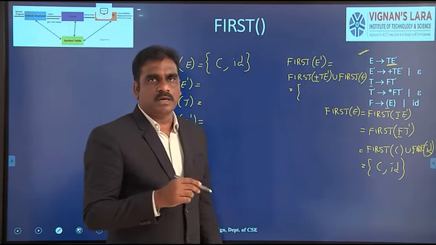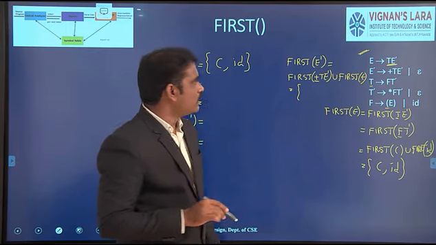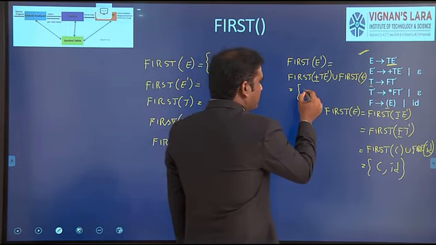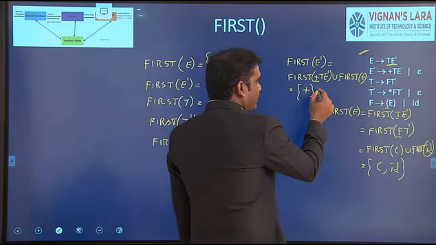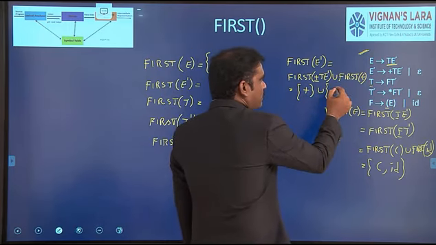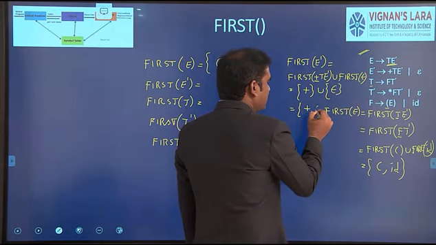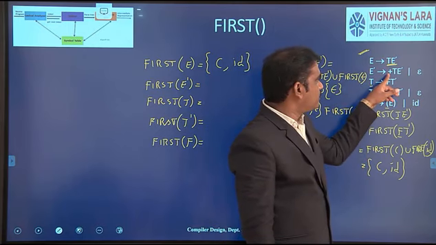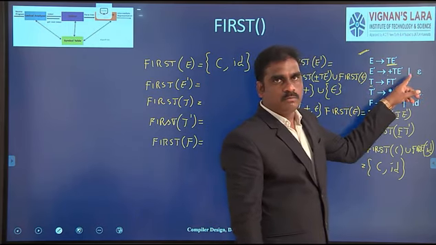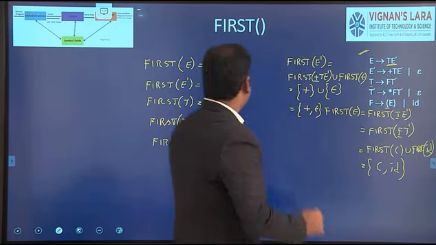Whether it is a terminal or non-terminal, we are taking only the first symbol initially. Plus is a terminal symbol. So plus union first of epsilon, which is epsilon. So the answer is plus comma epsilon. Both are terminal symbols only.